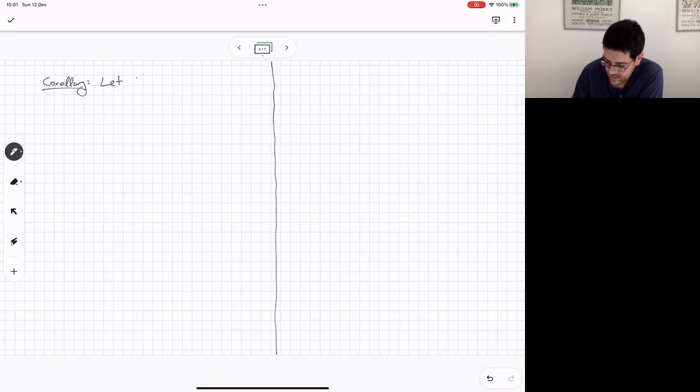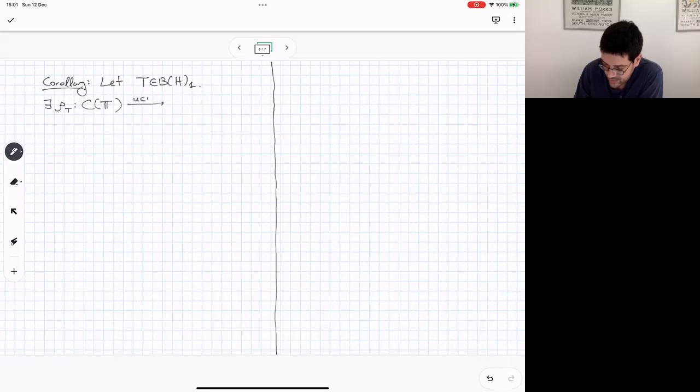Let T be a contraction on a Hilbert space. So when I write T in B(H)_1, I mean in the closed unit ball of B(H). Okay, its norm is less than or equal to 1. Then I claim that there exists a map, let's call it rho_T, from continuous functions over the circle.